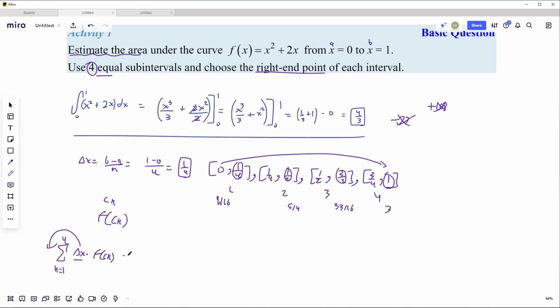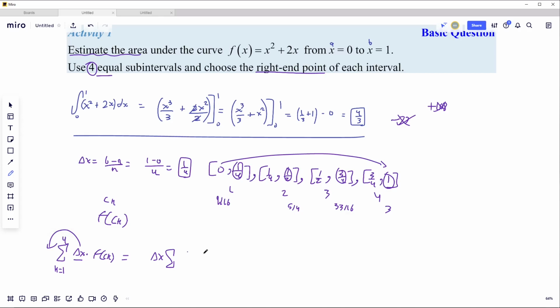This saves time, especially on a calculator, because if delta x is outside, you're just multiplying by a number at the end, instead of putting plus, plus, plus for whatever expression you have over there.